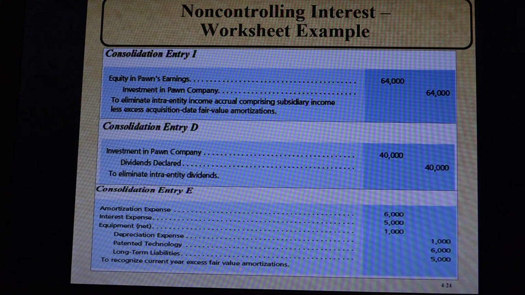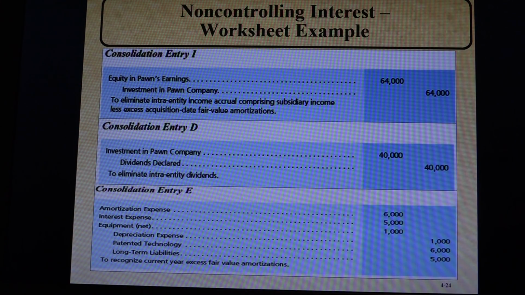And then your consolidation entry E, remember, in consolidation entry I, you undid your excess amortization expense allocation. So you have to come back in here and re-enter that separately.